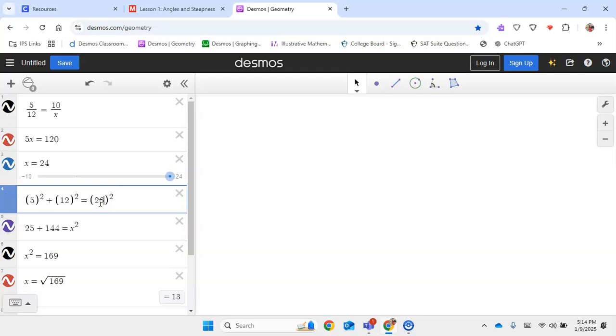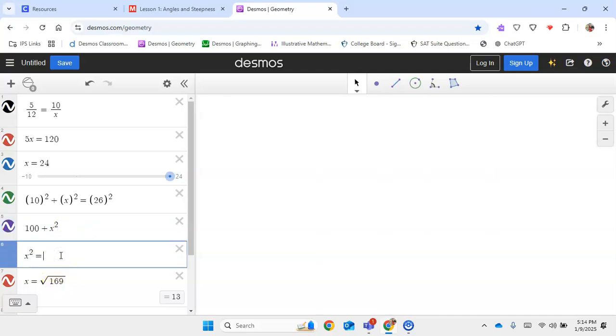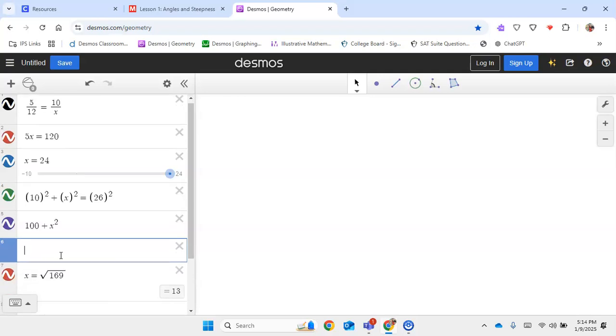And that means B is x. 10 squared is 100, plus x squared equals 26 squared. 26 squared is 676.